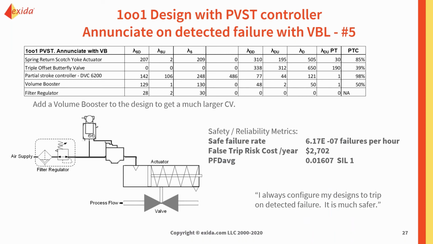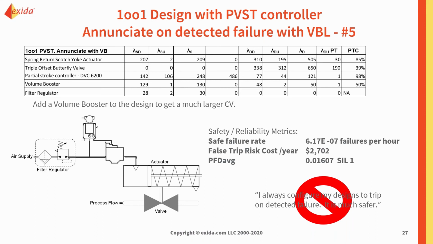Moving on to the next design, let's say that our smart positioner didn't have the necessary capacity to stroke the valve. So we have to add a volume booster. We can probably expect a slightly higher failure rate adding the volume booster, and after running the numbers, it does go up slightly.